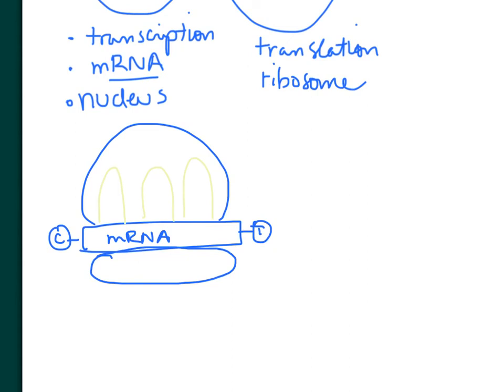We have the exit, we have the spot that protein is made, and we have the entrance. We read 3 mRNA bases at a time in the form of a codon. A transfer RNA is going to bind to the first codon right here with its anticodon, right there at the bottom.